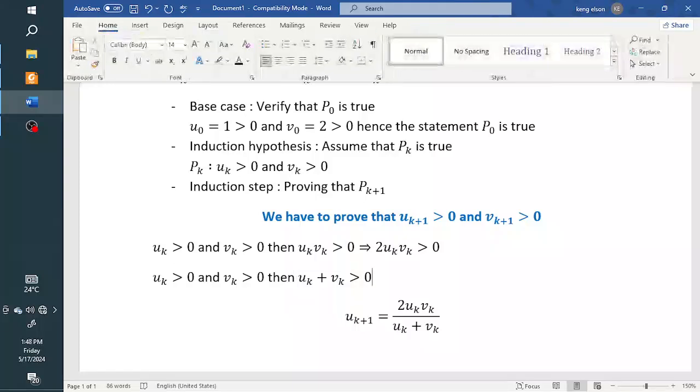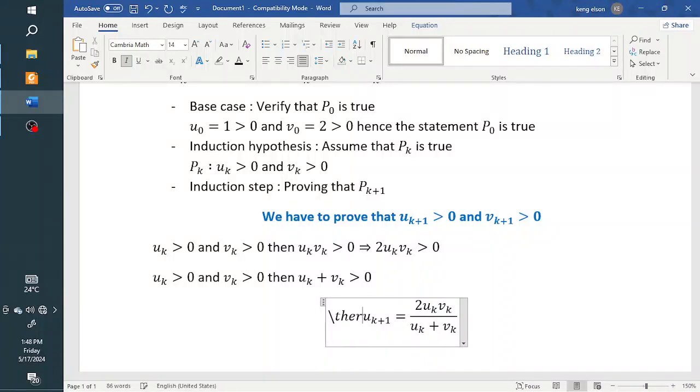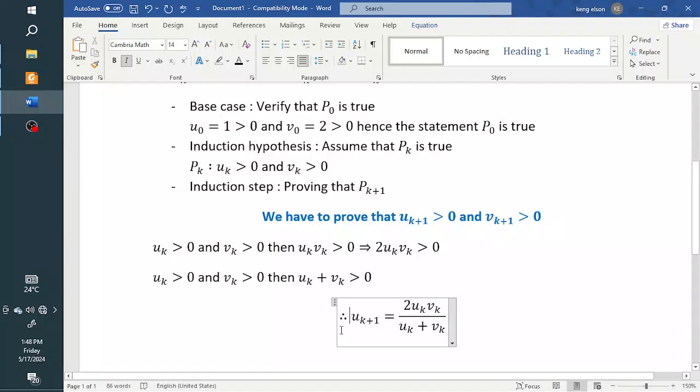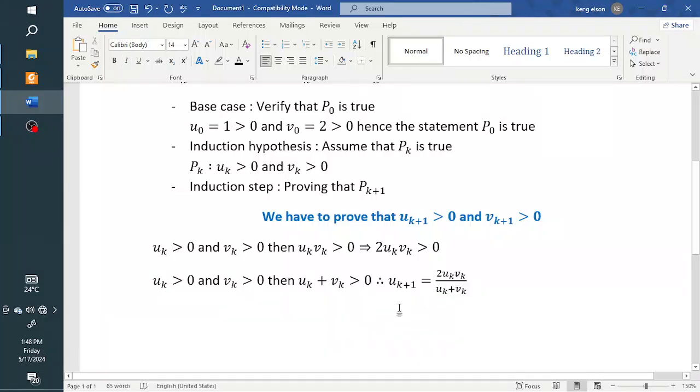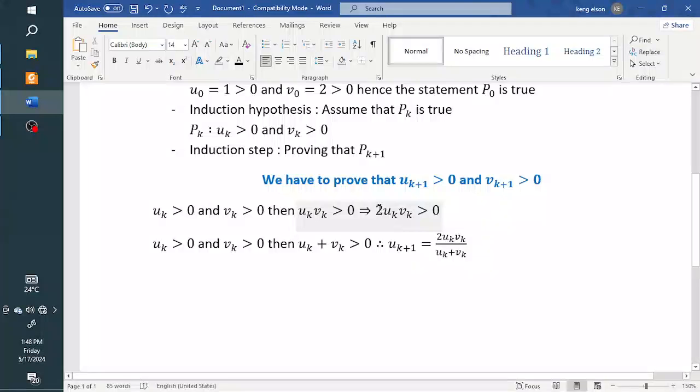So I think we can conclude that this is true, because this is just the ratio of two positive quantities. So the numerator is positive, the denominator is positive. It therefore means that the ratio will be positive.